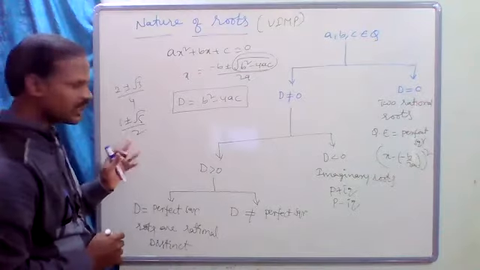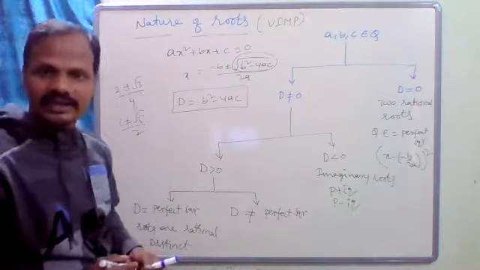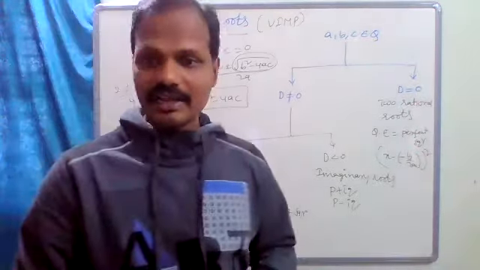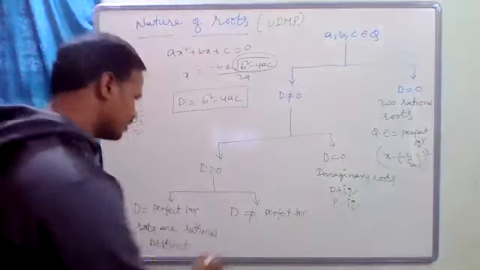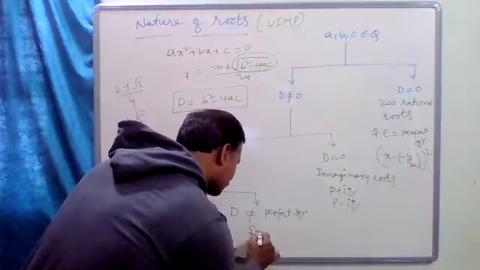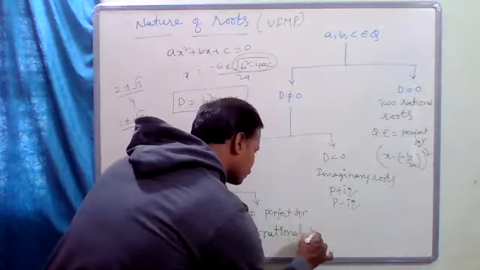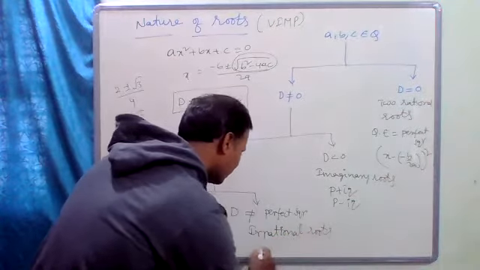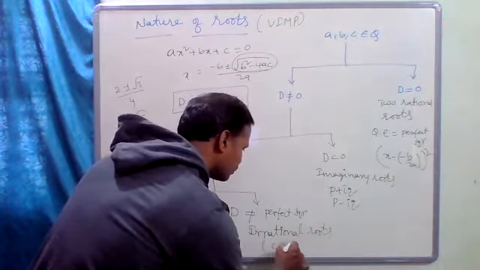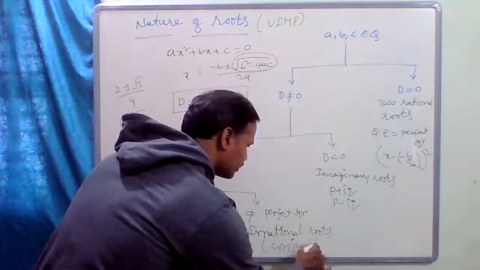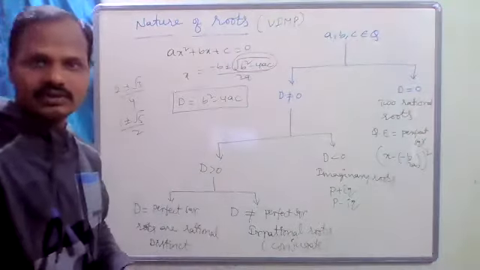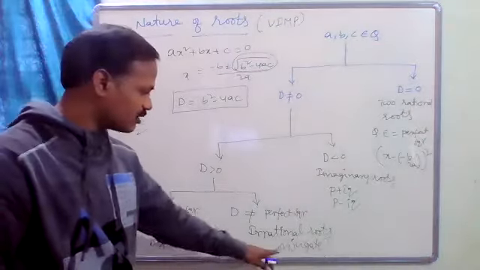Root 3 is an irrational number. So the roots are irrational roots, and they are conjugate.